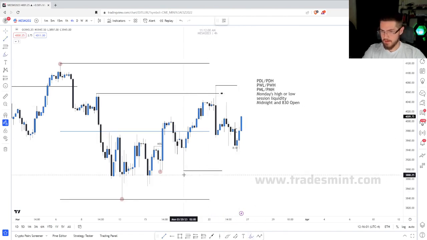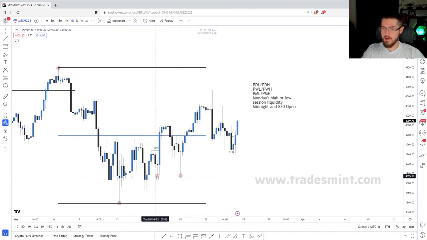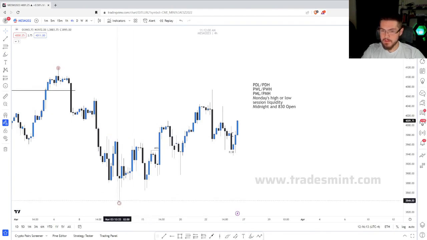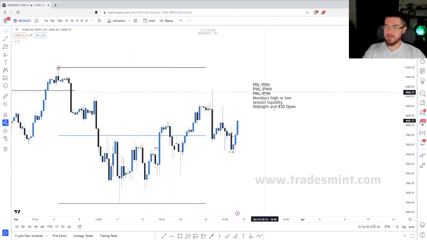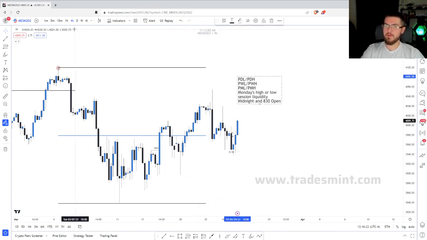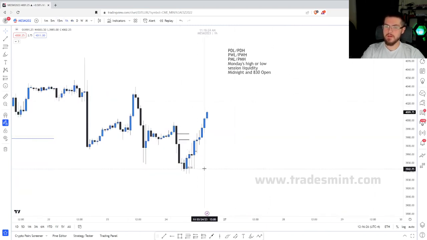So we haven't really taken out any significant structure, so we're still looking for higher prices. Now, of course, we want to complement that with order flow. We want to complement that with time and price and liquidity. So again, we look back into the lower time frames and identify, okay, we're looking for longs this day.